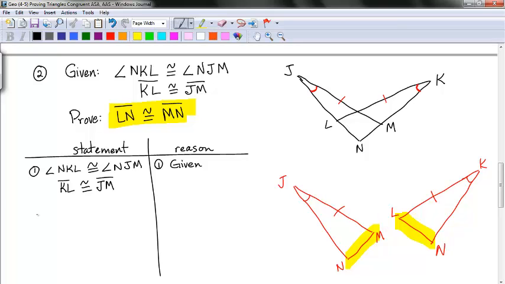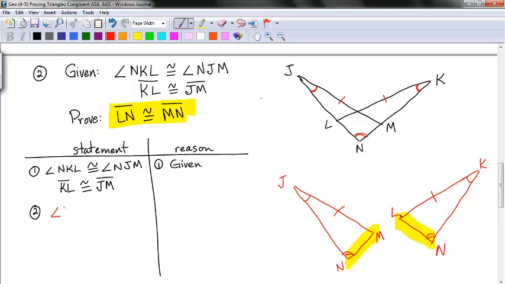Okay, so step 2. Now, you can write this out in 3 letters, or you can write it out in 1. In these 2 triangles, this angle is in both of them, right? You can either mark it here, or you mark it there.